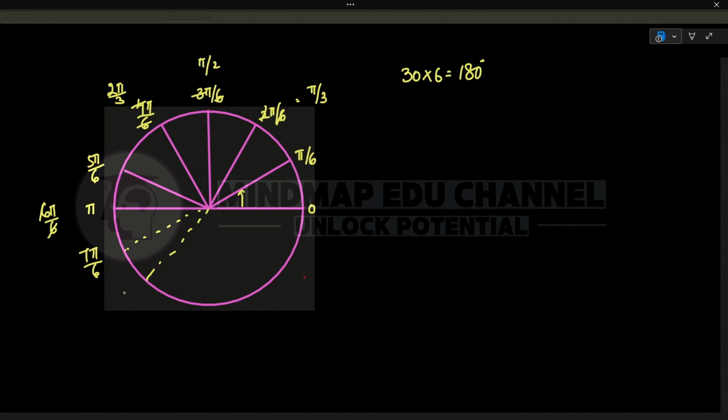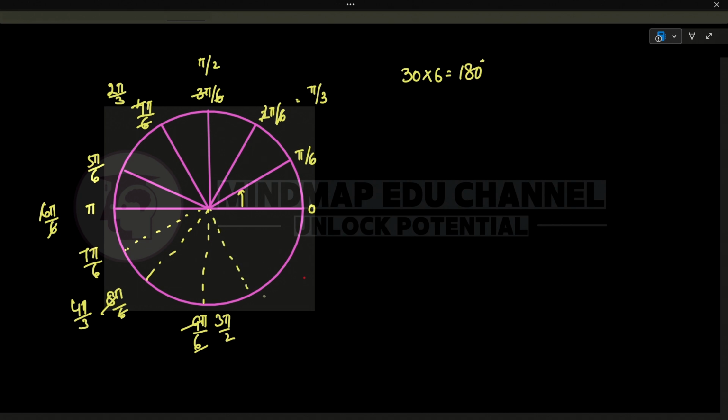And here it will be 8 pi over 6. And after reducing, we will get 4 pi over 3. And here it will be 9 pi over 6. And we will get here 3 pi over 2.